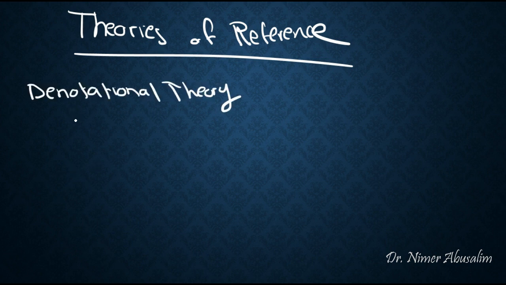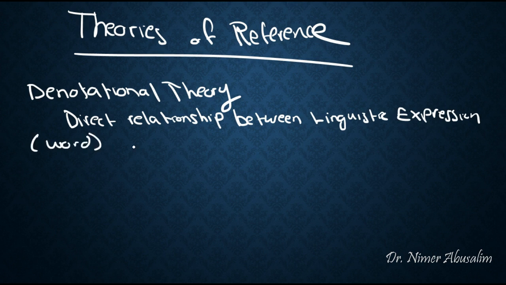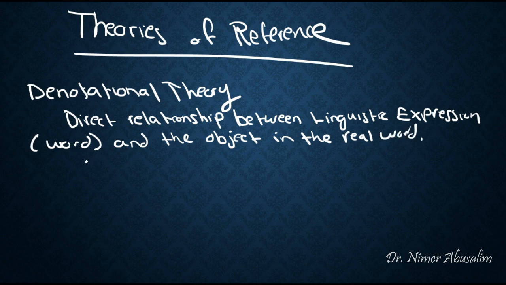Now, the denotational theory suggests a direct relationship between linguistic expression, or what we call the word, and the object in the real world. In short, the denotational theory suggests that meaning equals denotation.